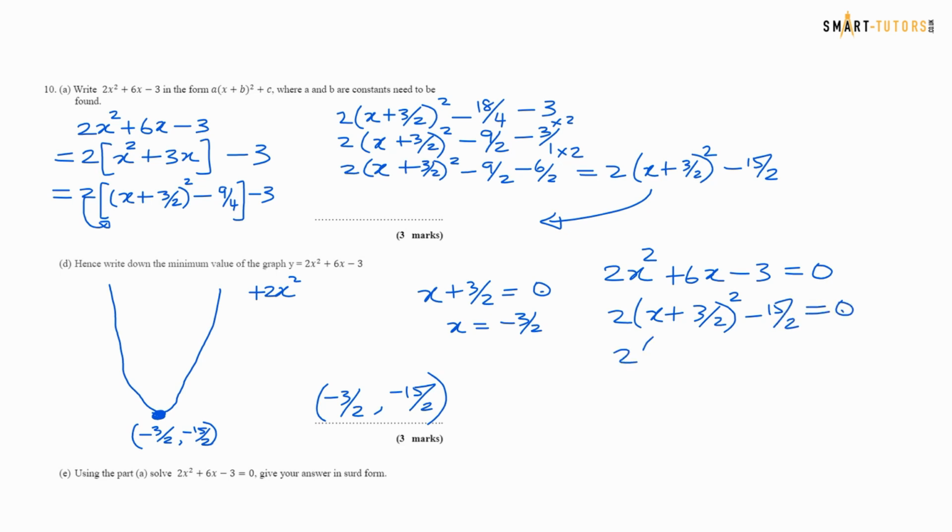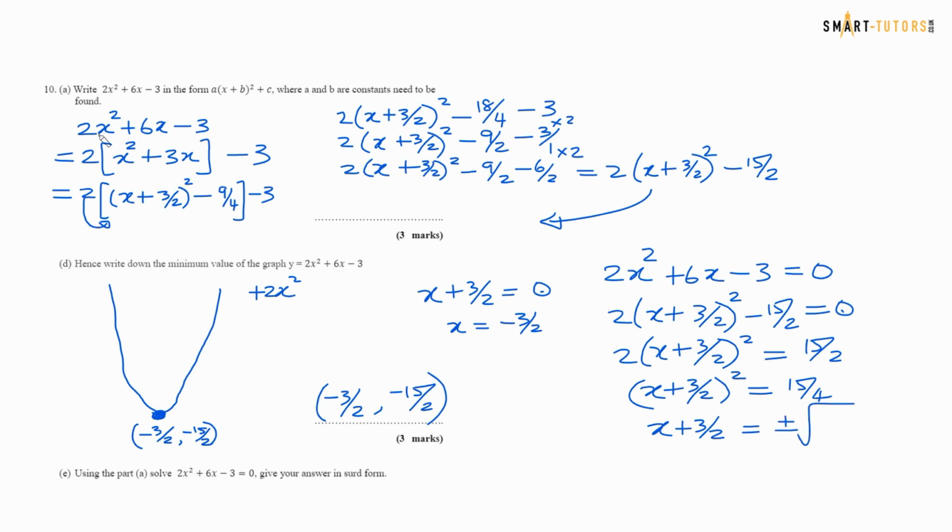So I'm going to keep the 2(x plus 3 over 2)² equal to 15 over 2, the minus 15 over 2 going to the other side. Divide by 2. So (x plus 3 over 2)² equals 15 over 4. Square root both sides. So x plus 3 over 2 equals plus or minus square root of 15 over 4.